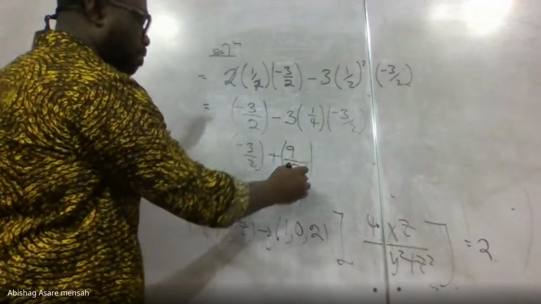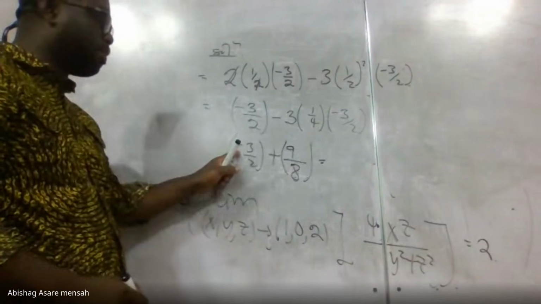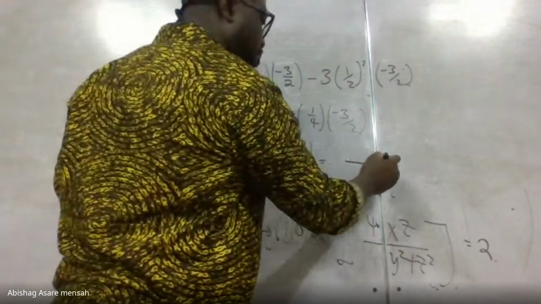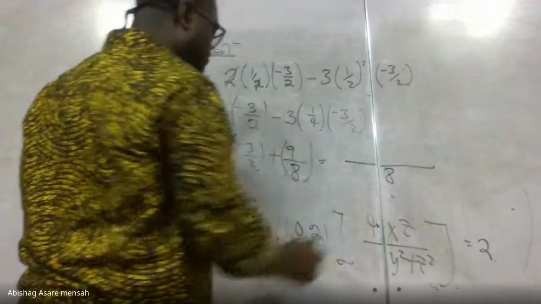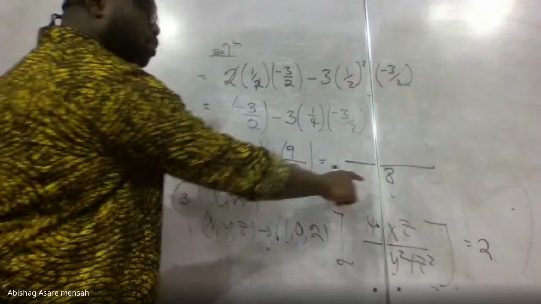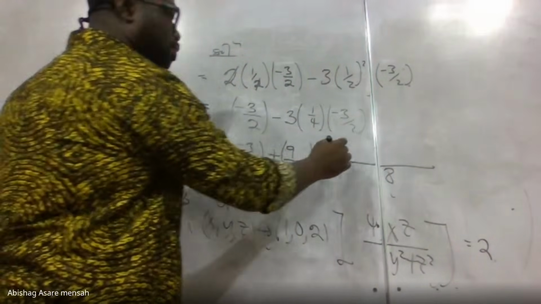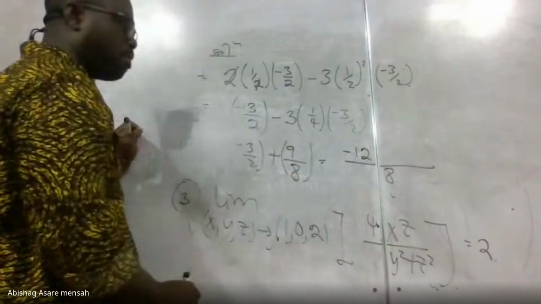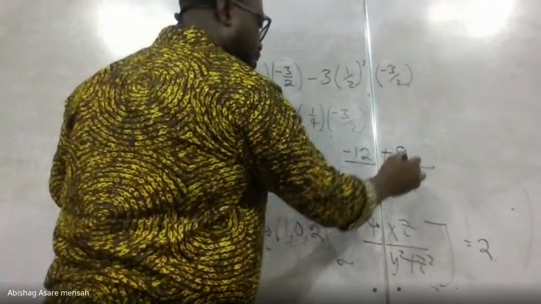I'll add this one. I have -3 on 2 plus this. You find the LCM. LCM is 8. This goes to that 4. 4 times that -12. So -12 plus 9.